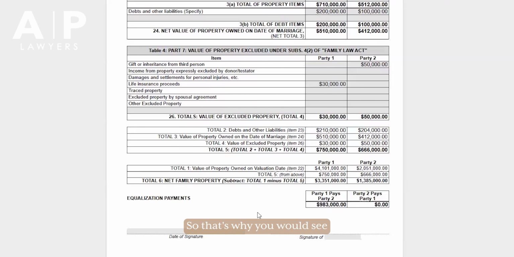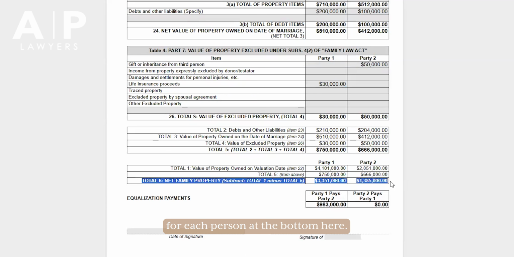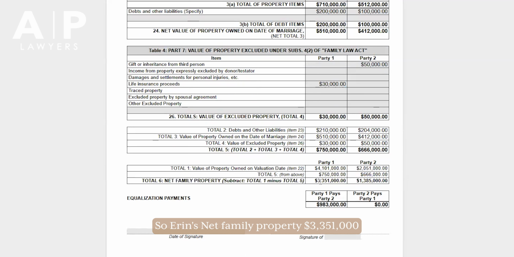So that's why you would see the net family properties for each person at the bottom here. So Aaron's net family property is $3,351,000, while Anne's is $1,385,000. Now, that's their respective net family properties.